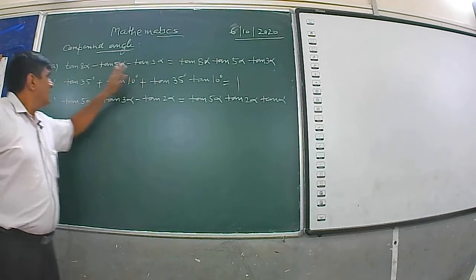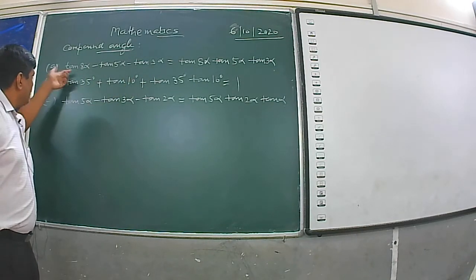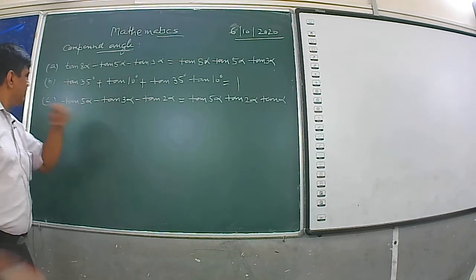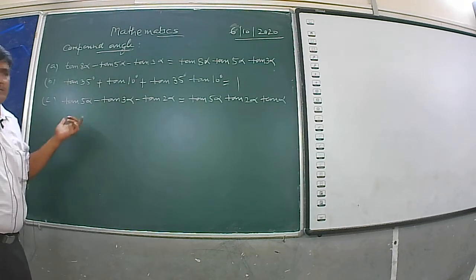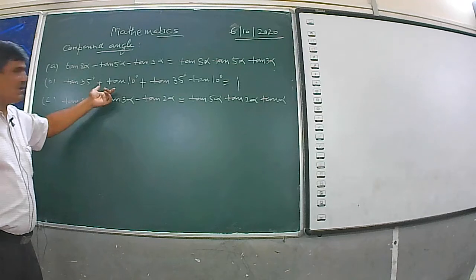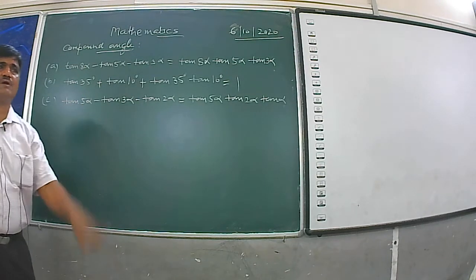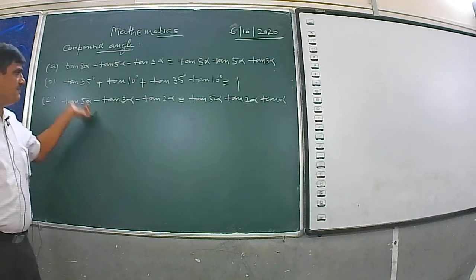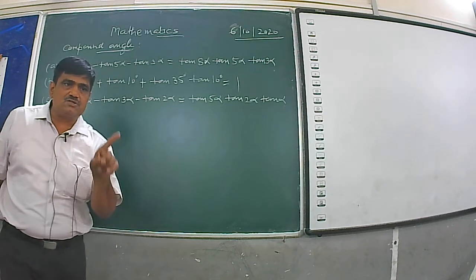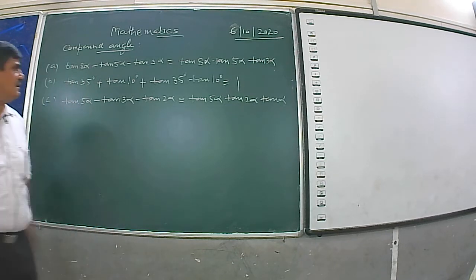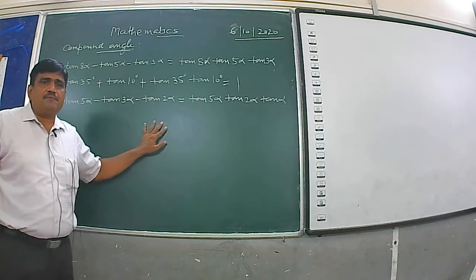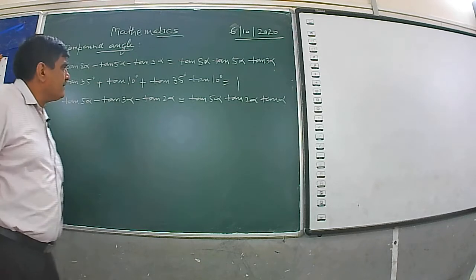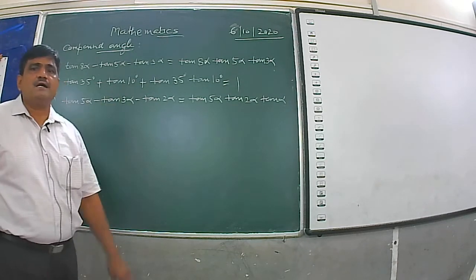For example, for A, 8 alpha is equal to 5 alpha plus 3 alpha. In the second question, 35 is equal to 45 minus 10, or 45 is equal to 35 plus 10. In the third question, 5 alpha is equal to 3 alpha plus 2 alpha, and after making the relation between the angles, we take the tangent on both sides, and after the calculation we get our result.